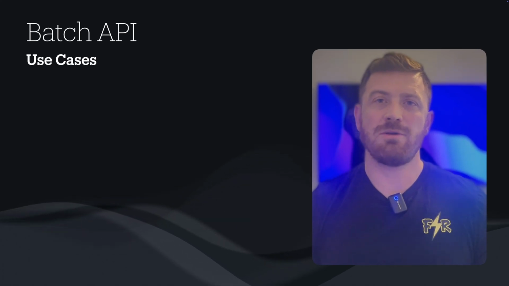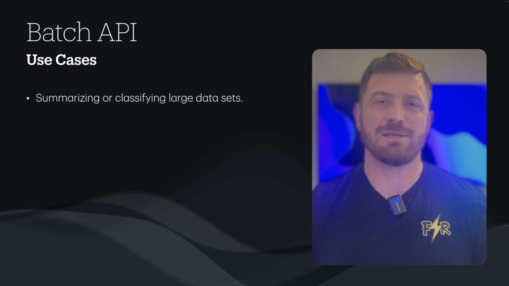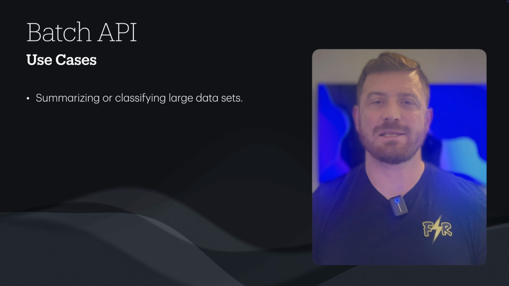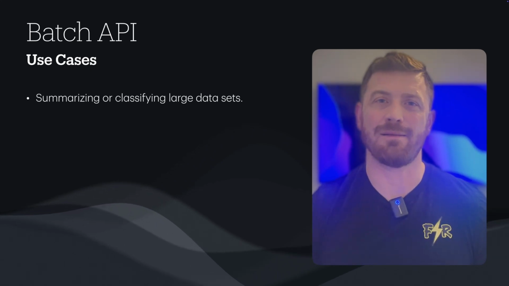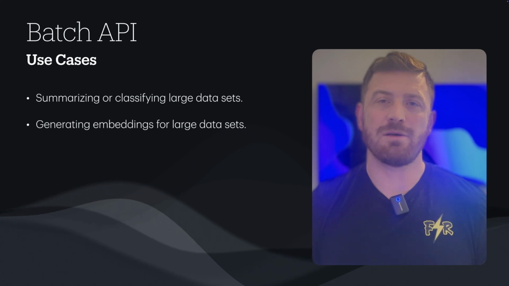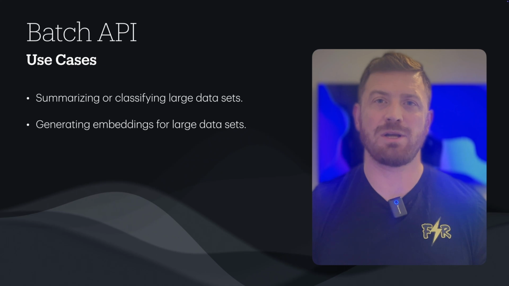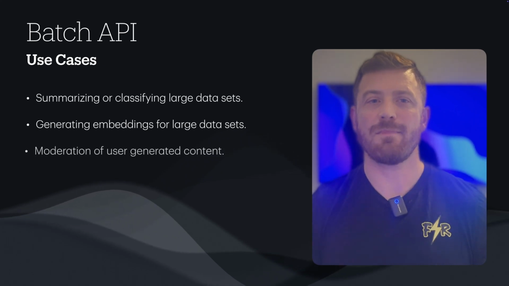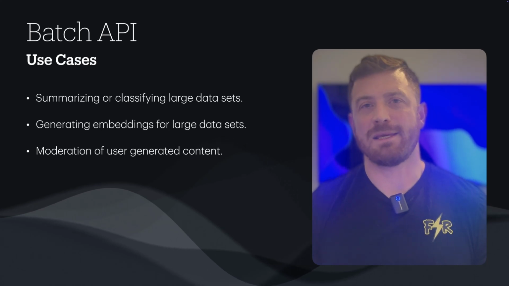So when would you use the Batch API? Well, you would use the Batch API in a scenario where you wanted to classify a large data set and it didn't need to be done immediately. You could also use it in a scenario where you need to calculate the embeddings for a large amount of files. In a real-world scenario, it might look something like this.